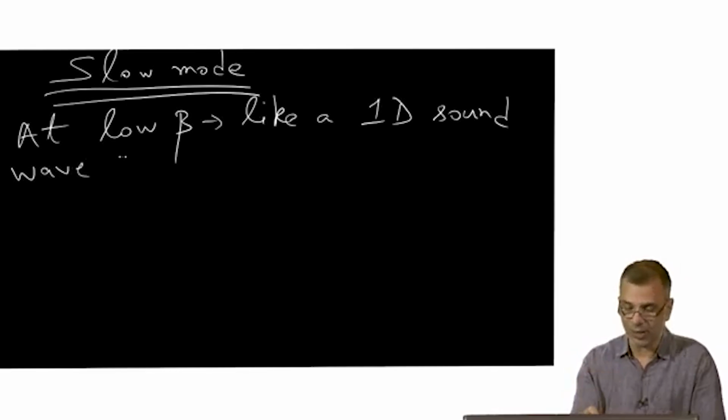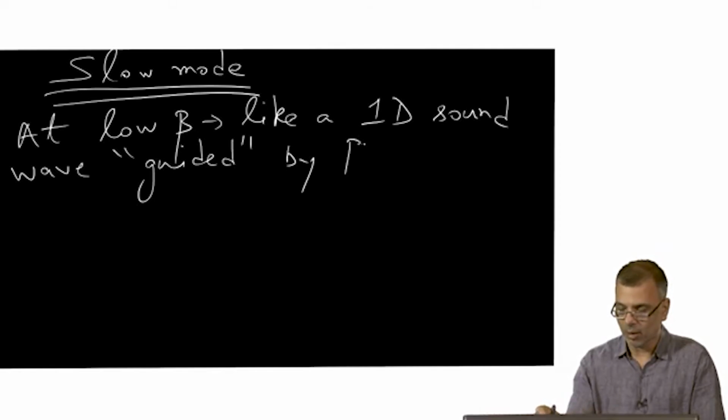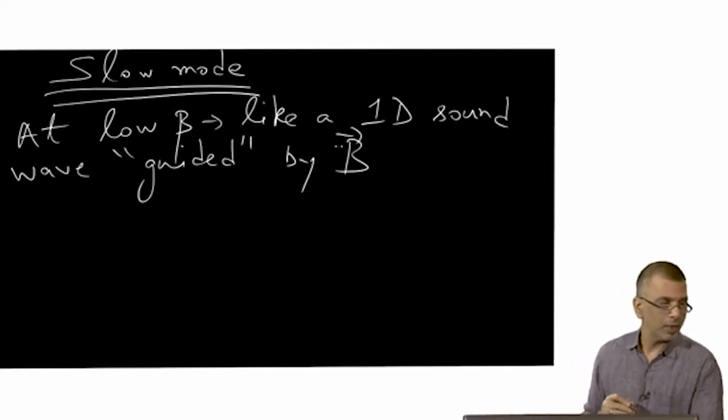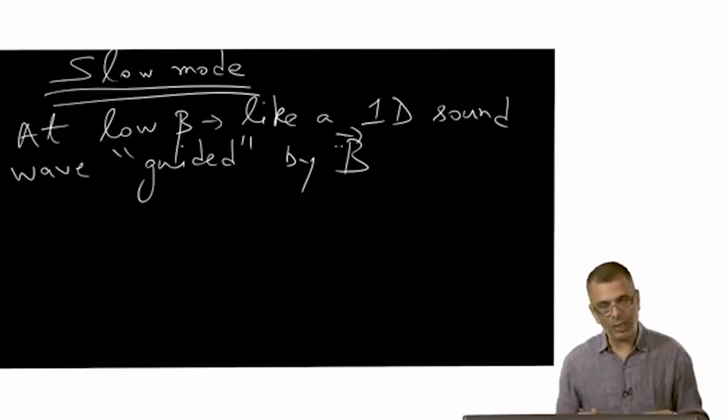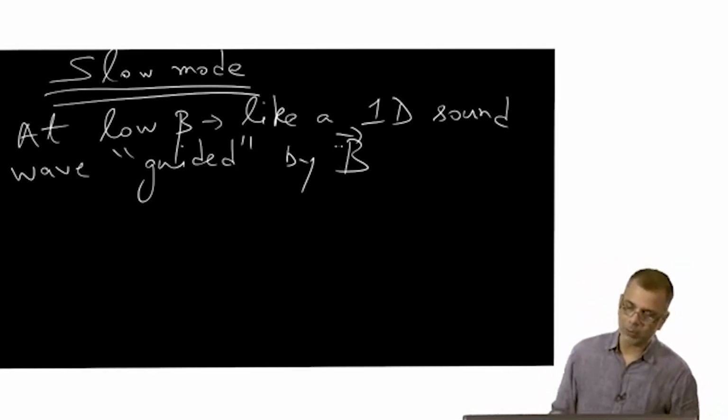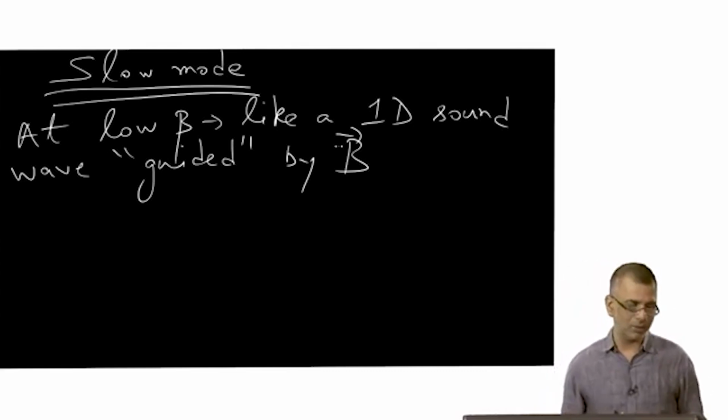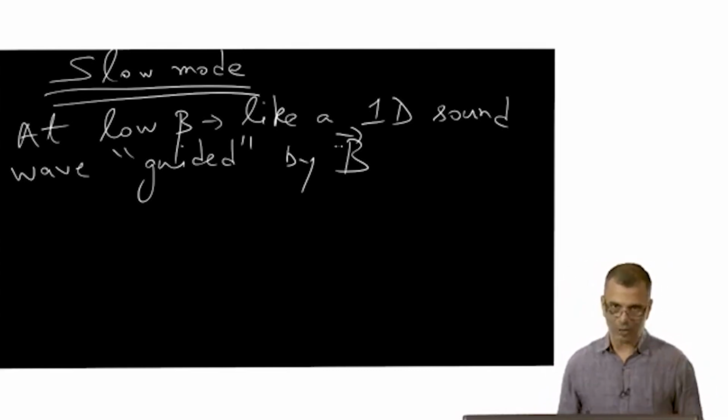Sound waves are isotropic; this one is guided by the field. So it is very much like a sound wave in many respects, in that the propagation speed is almost the sound speed and so on, except it's guided by the field.